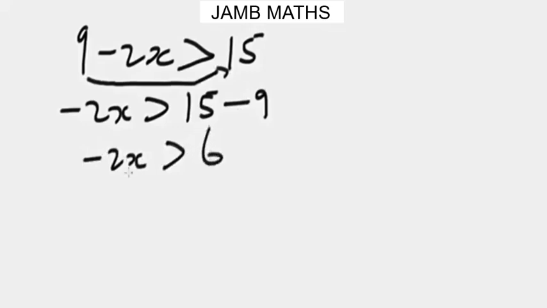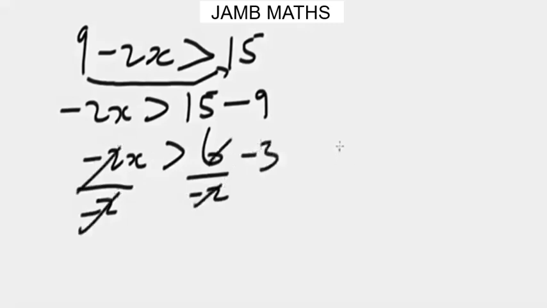Now divide both sides by negative 2, to make x the subject of the formula. So our result is -3. Since we divided by a negative number, the inequality sign here will change to the opposite side. x will be less than -3.